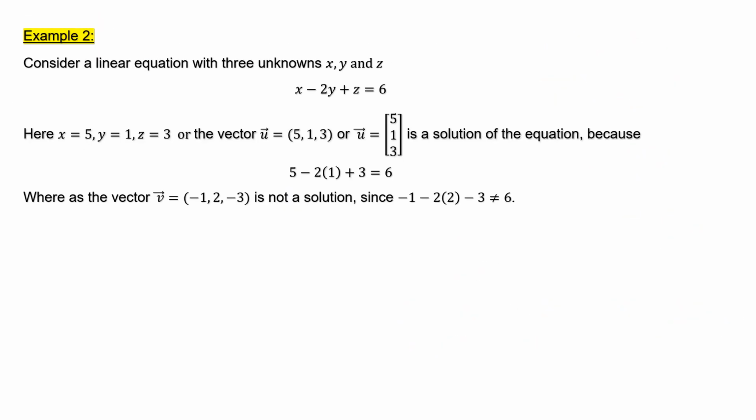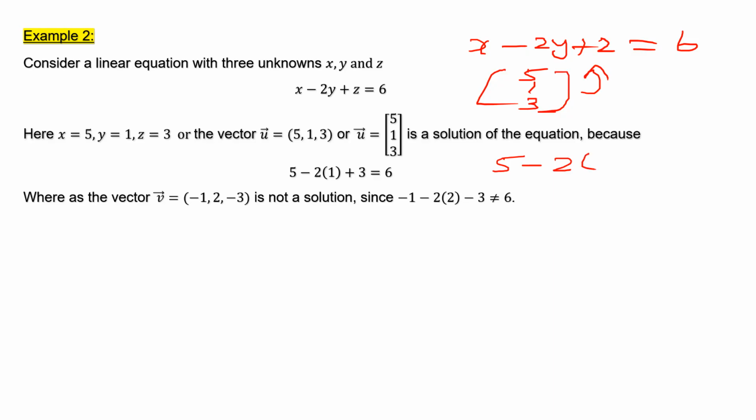Even if I have three unknowns, say for example, if I have x minus 2y plus z equal to 6, then suppose I am asking you whether 5, 1, 3 is a solution of this equation. What I do is, in place of x we take 5, minus 2, in place of y we take 1, plus in place of z we take 3, and we check whether the left hand side is equal to 6 or not.